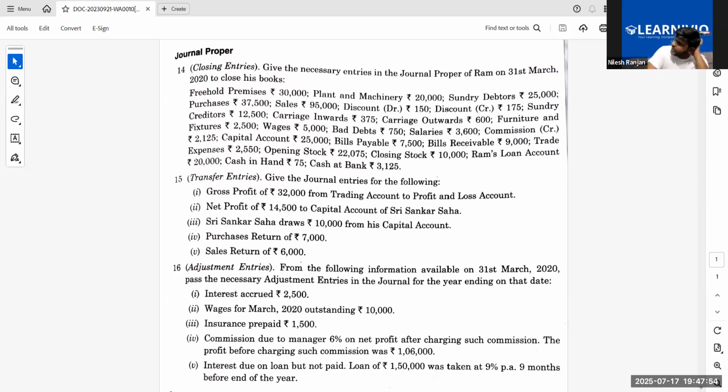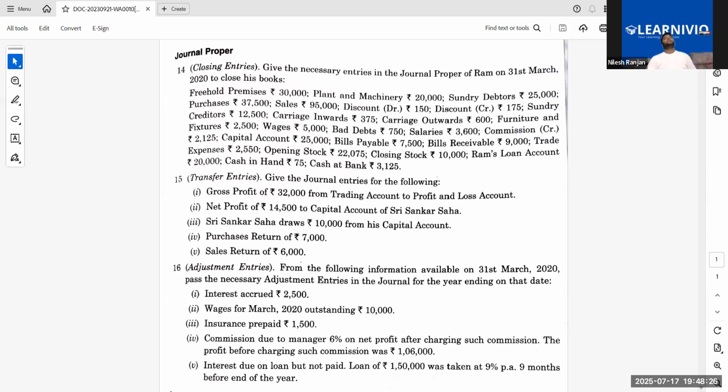Rectification means correction of any incorrect entries. Rectification entries means correction of any incorrect entry by passing a journal entry. So that is called rectification entry. In some cases, we will not pass any entry because it cannot be passed, so if you have to write one line or two lines for rectification, that is also a rectification entry.